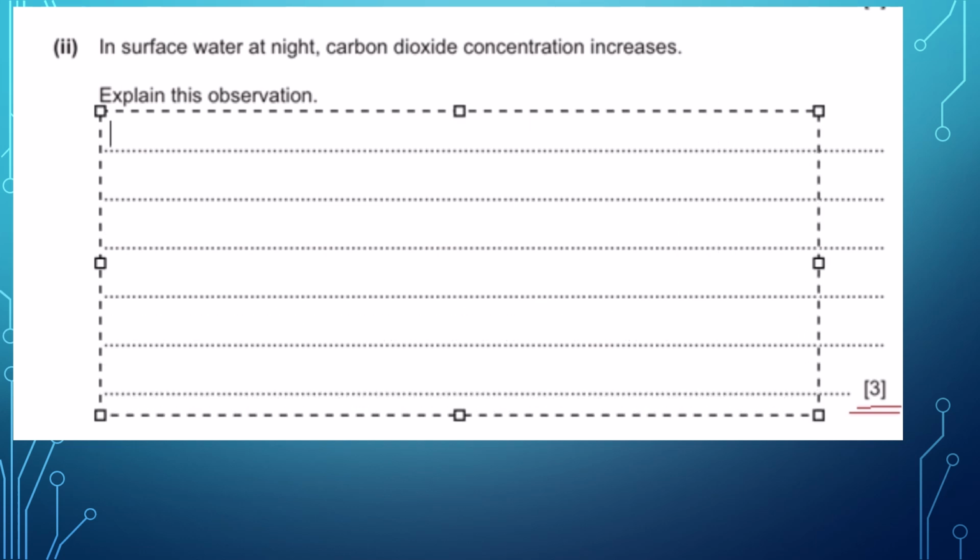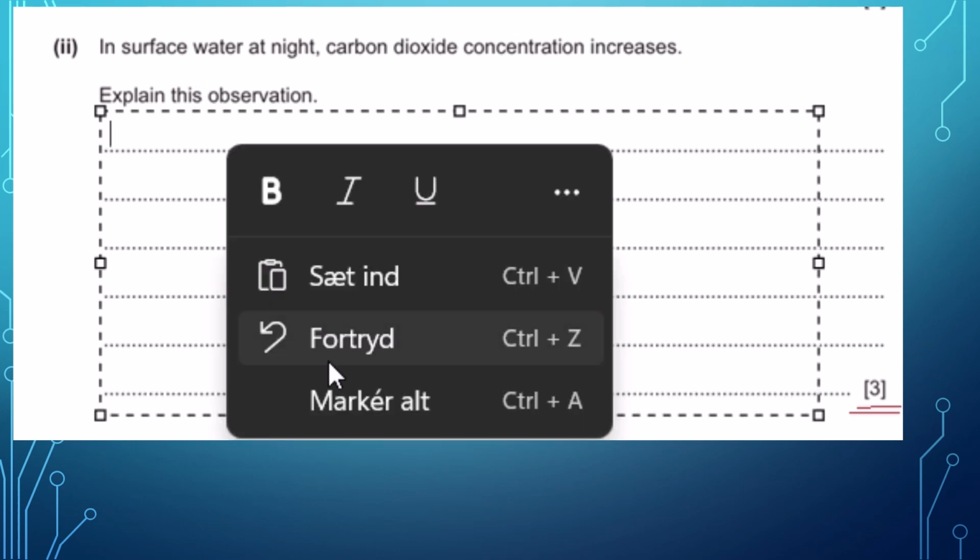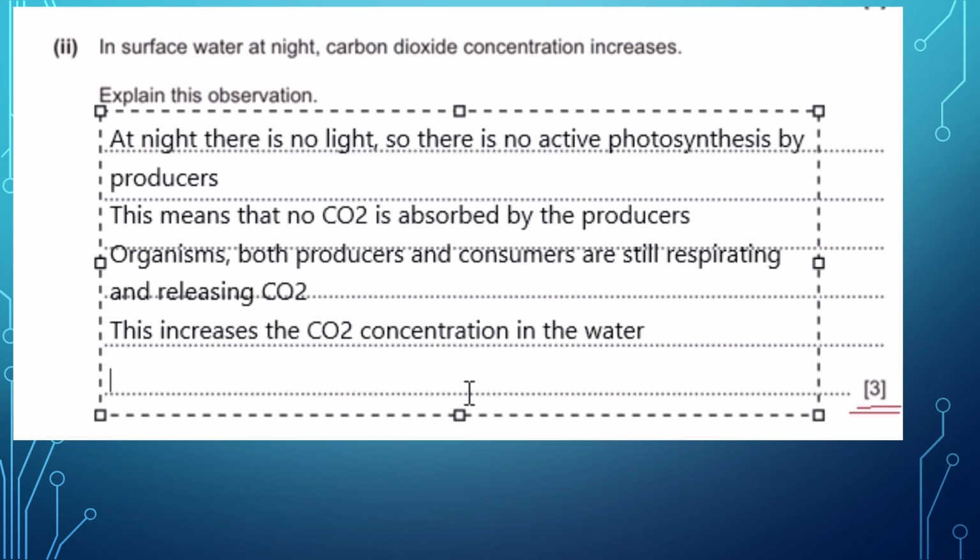So the answer I would give would look something like this. At night there is no light, so there is no active photosynthesis by the producers. This means that no CO2 is absorbed by the producers. Organisms, both producers and consumers, are still respirating and releasing CO2, and this increases the CO2 concentration in the water. So in this way you should be sure to get all 3 points.